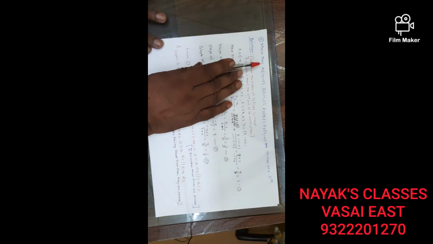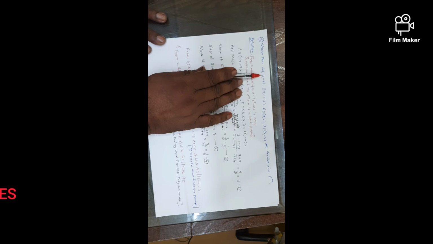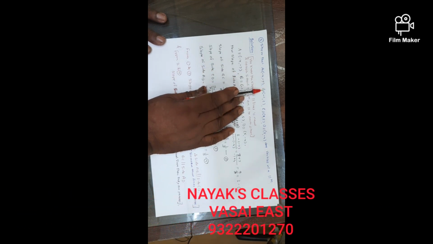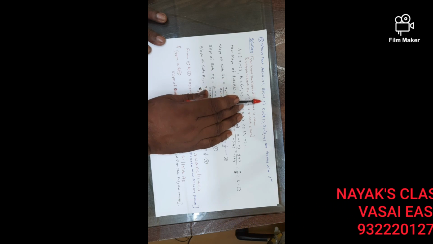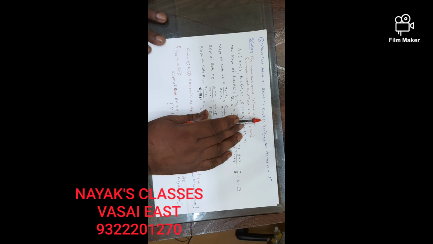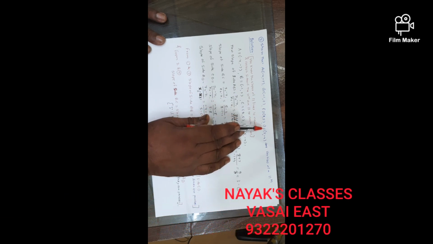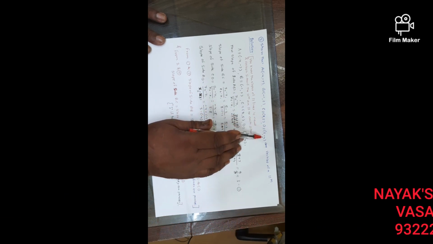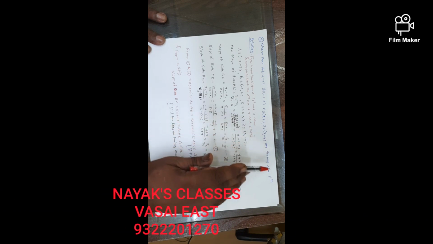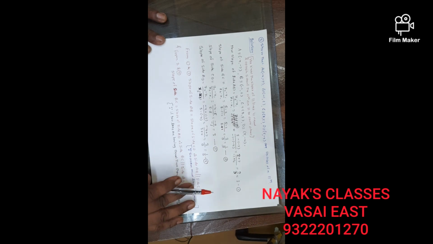Show that A corresponds to (-4, -7), B corresponds to (-1, 2), C corresponds to (8, 5), and D corresponds to (5, -4), correct? Are vertices of a parallelogram.